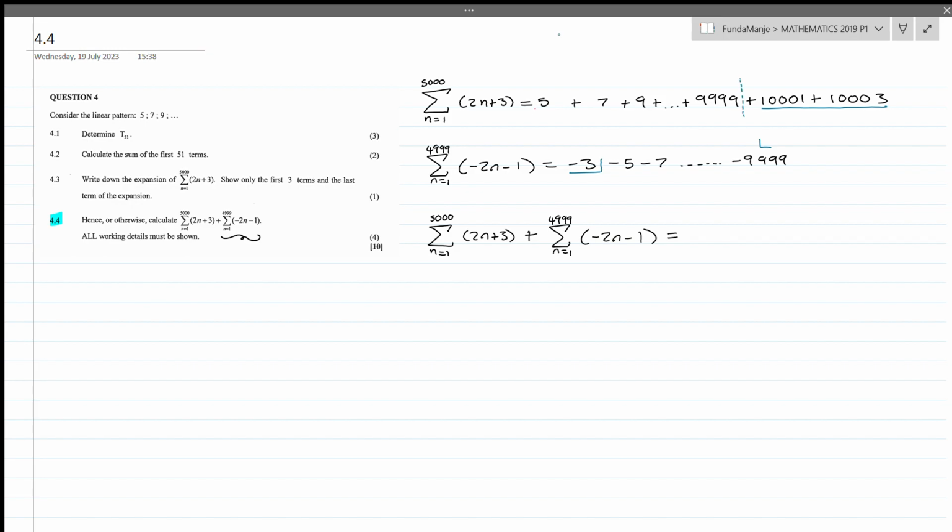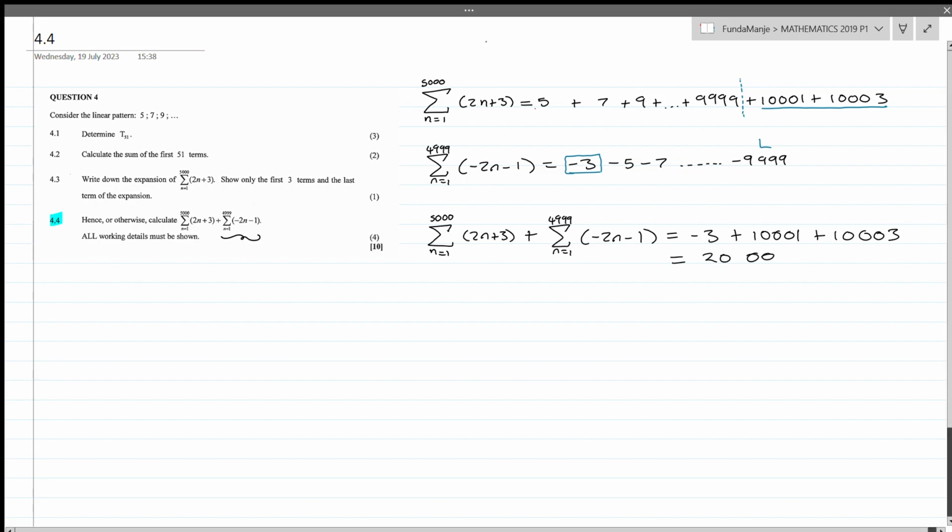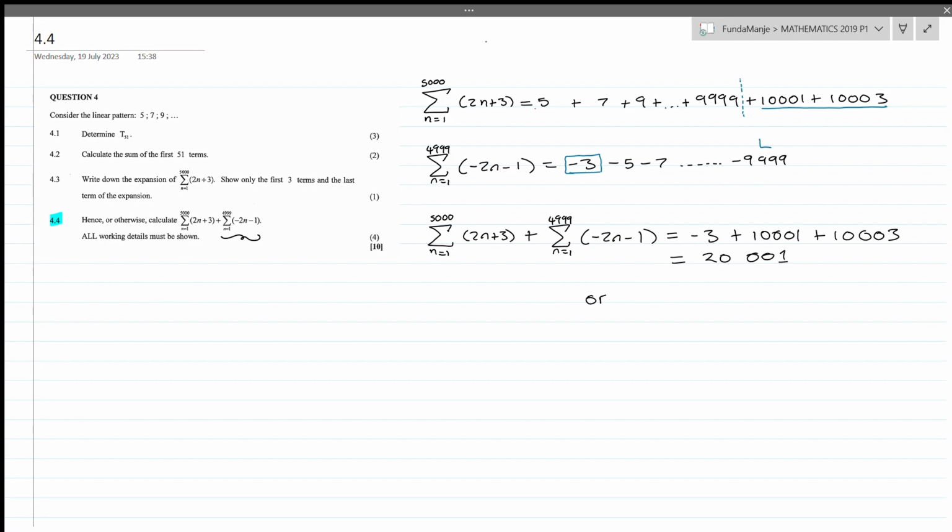And here there's a minus 3, but there is no positive 3 on this one here, so this minus 3 won't be cancelled. So that means if we were to sum up these two, everything but the minus 3 would cancel. Everything but the minus 3, the 10,001 and the 10,003, and this would sum up to 20,001.